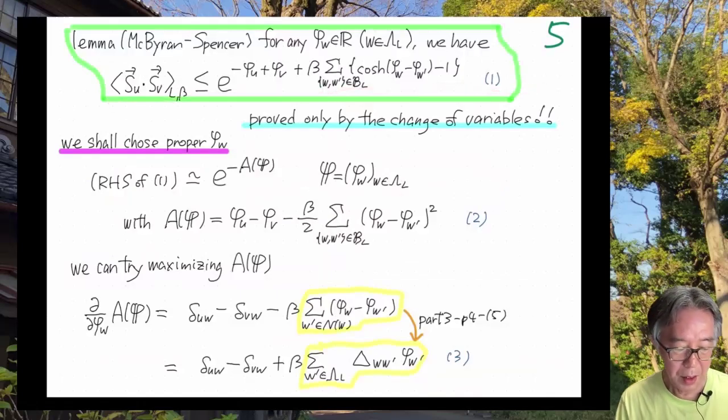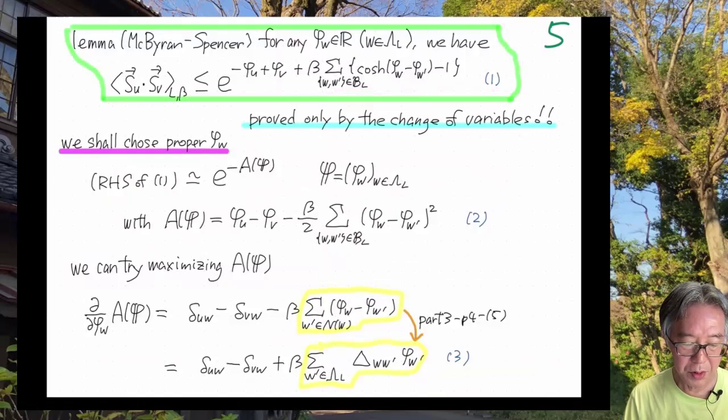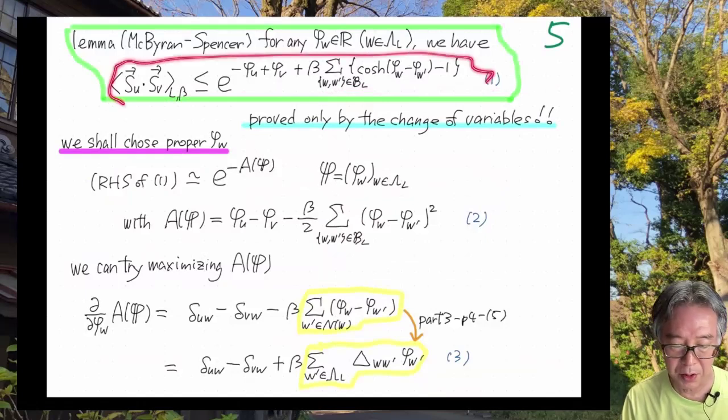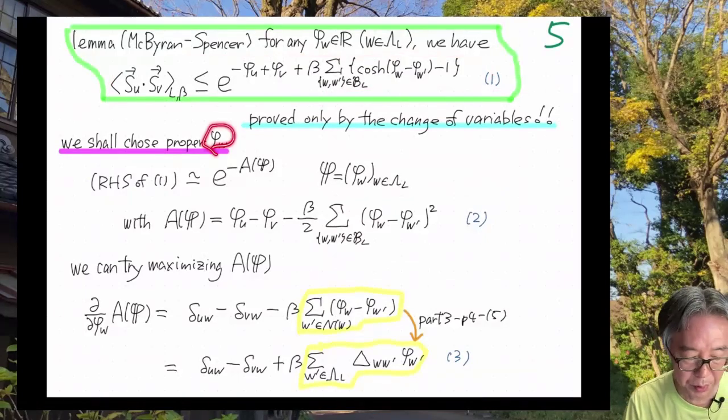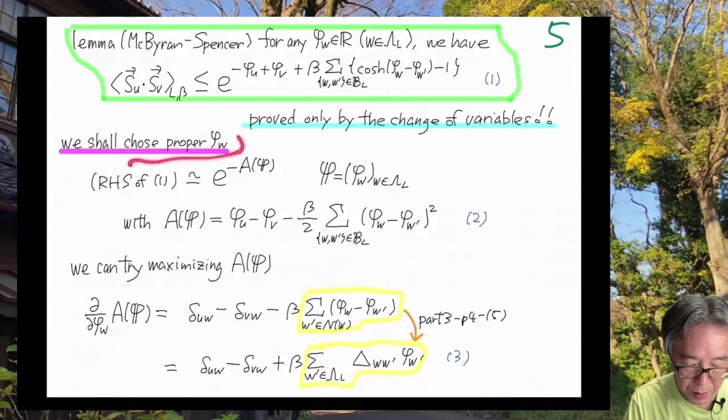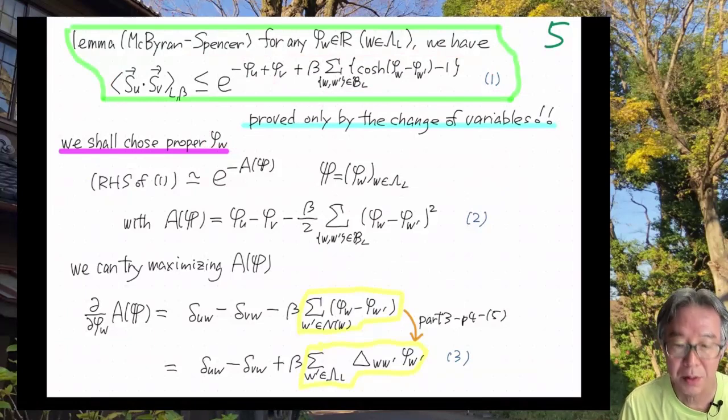And the question is whether this is meaningful or not, and I claim that this is very meaningful if you choose phi properly, and this tells you a lot. So let's see what is the proper choice of phi_w. I stress that the phi are just constants. You can choose them in an arbitrary manner.